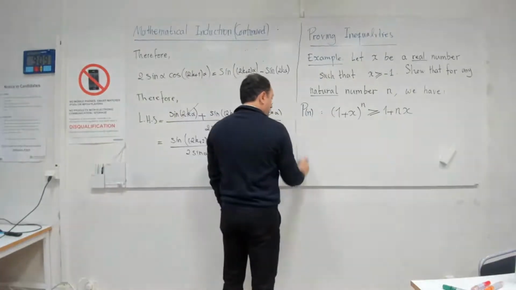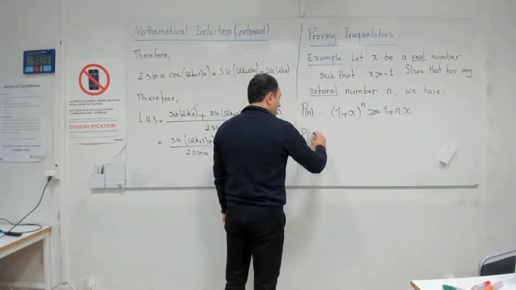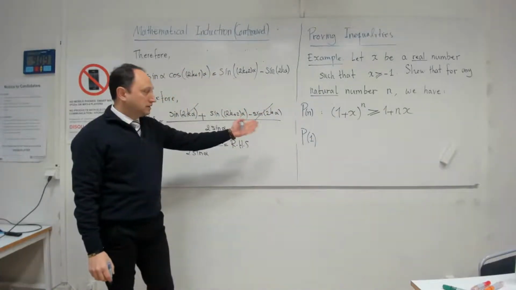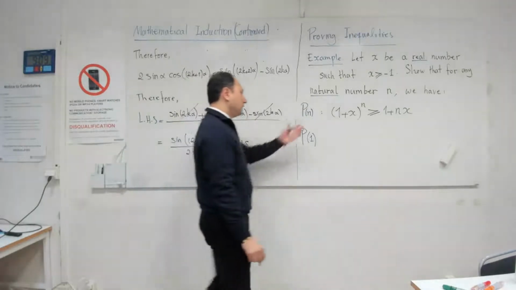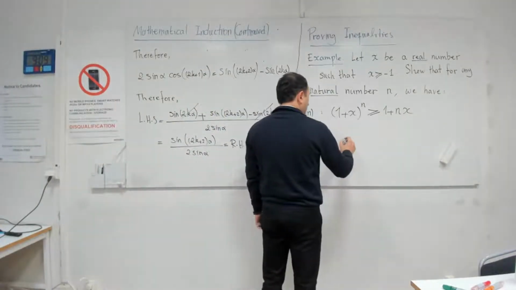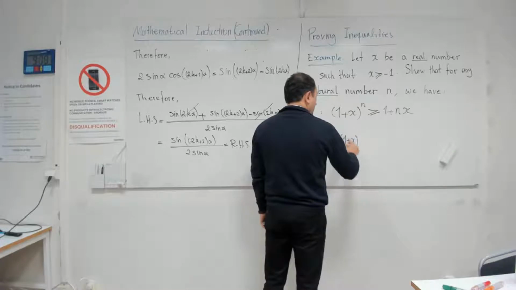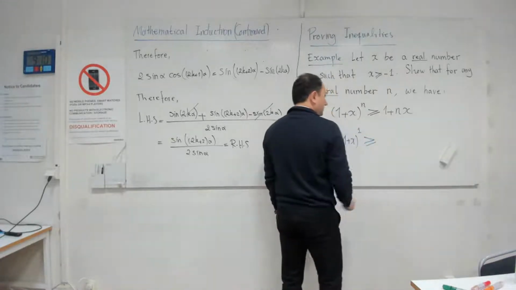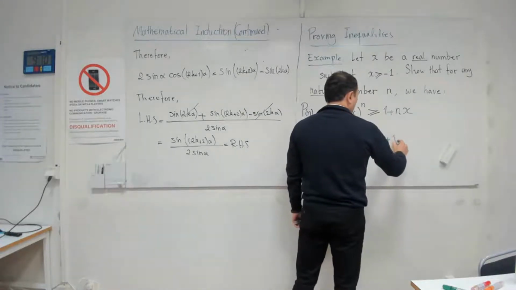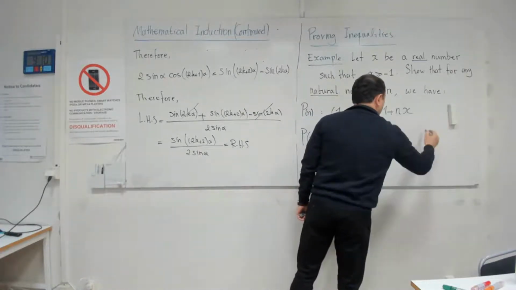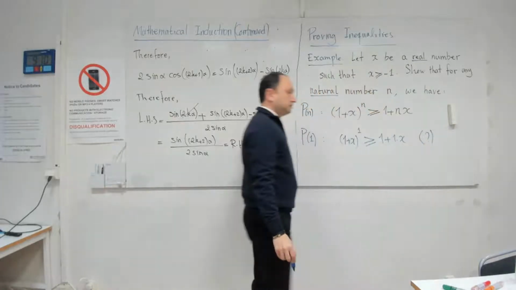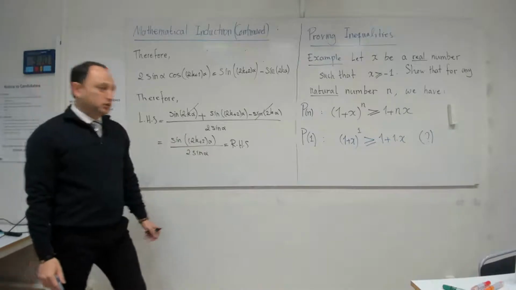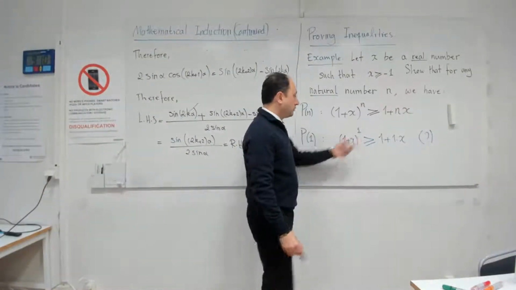Then I need to check the truth of P1. Is P1 true or false? So first of all, I need to write this statement for P1. What is the statement for P1? It's (1 plus x) to the 1 is greater than or equal to 1 plus 1 times x, and that is my question mark. But this is trivially valid, yes? Because what is (1 plus x) to power 1?